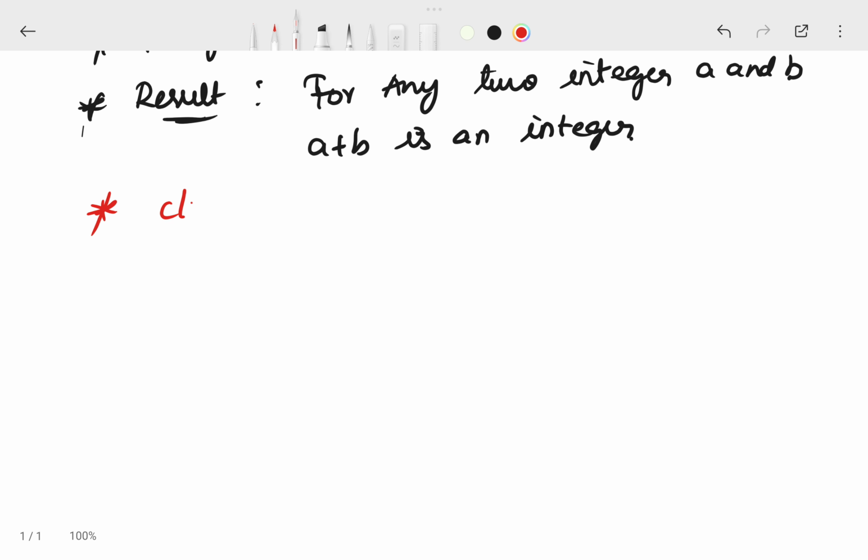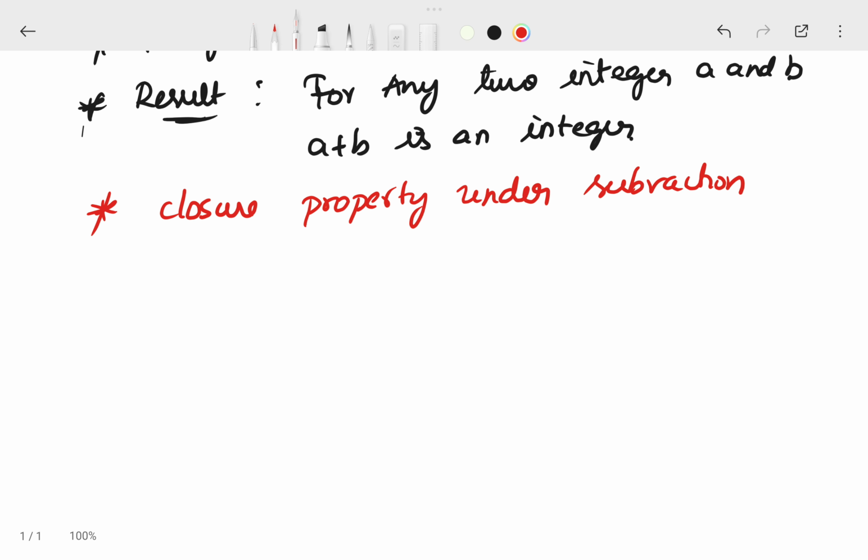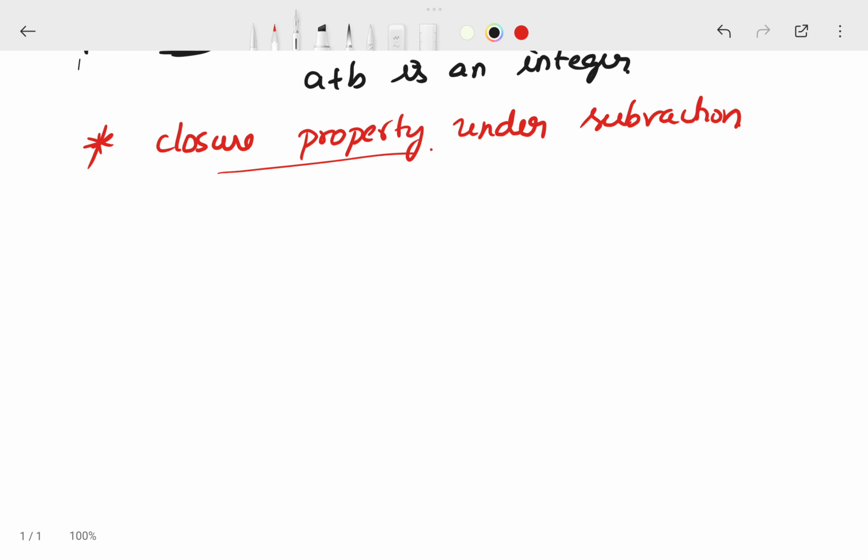Now we will see the closure property for subtraction. In the same way we did for addition, we will do for subtraction.